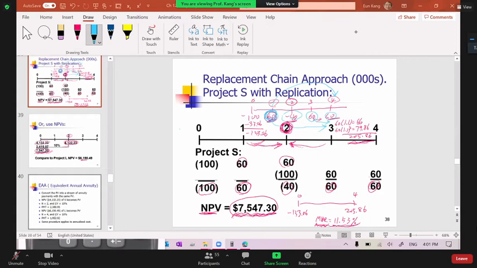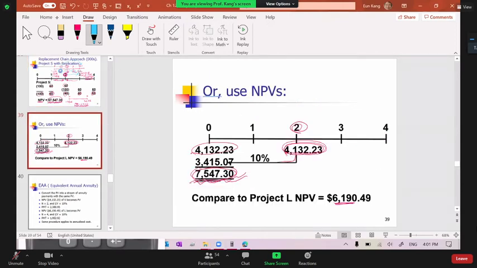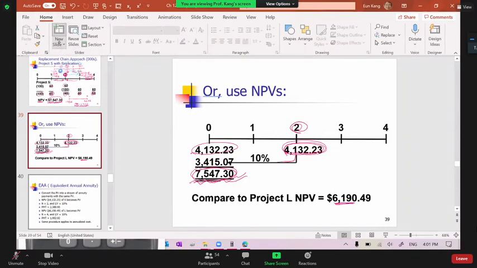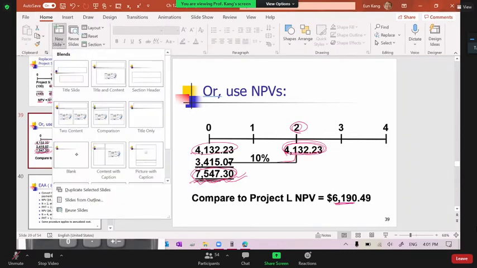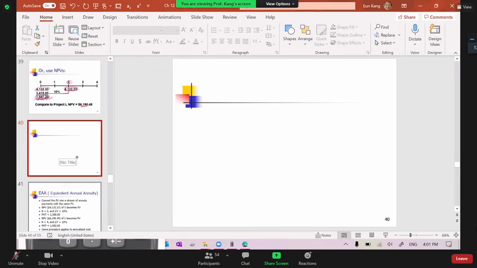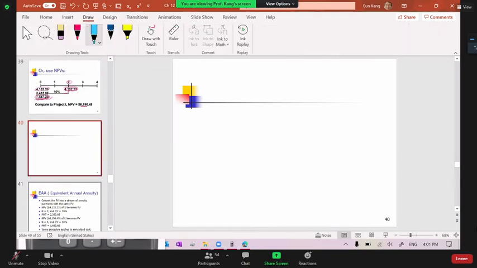Then what? The concept is like this. Let me show you. Project S has 2 years of operation, and the net present value is 4132.23.